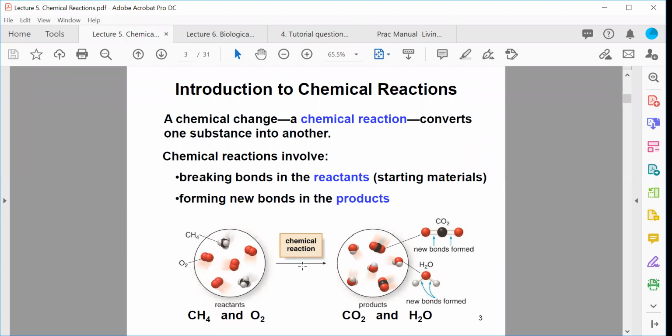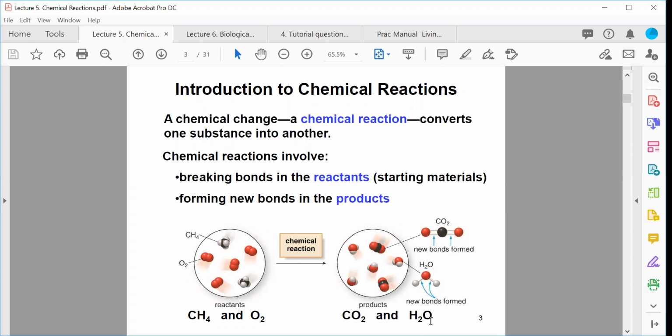Now, when those molecules react with each other, which they will in the presence of an ignition source, such as a flame, then a chemical reaction takes place where the bonds between these atoms will break, the bonds between these 2 oxygen atoms will break, they will reshuffle, and new bonds will be formed to form our products, which are now CO2, carbon dioxide, and H2O, water.